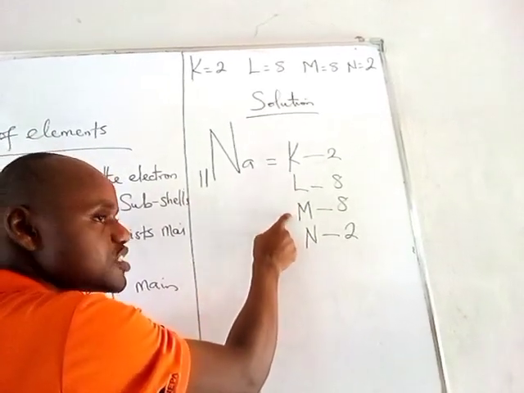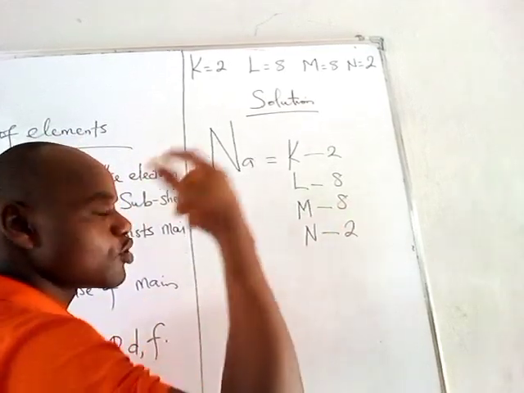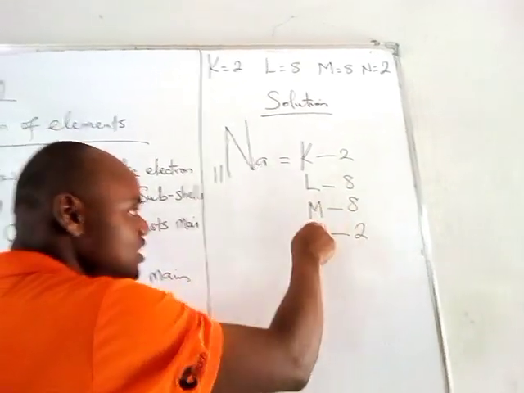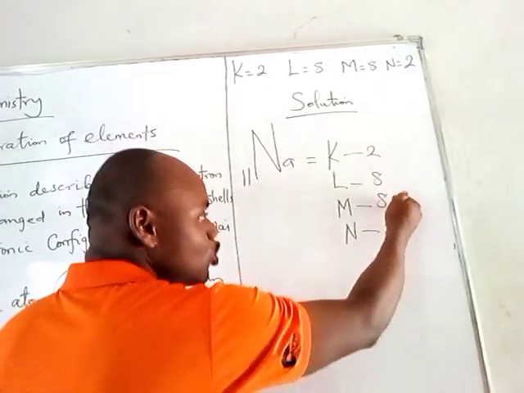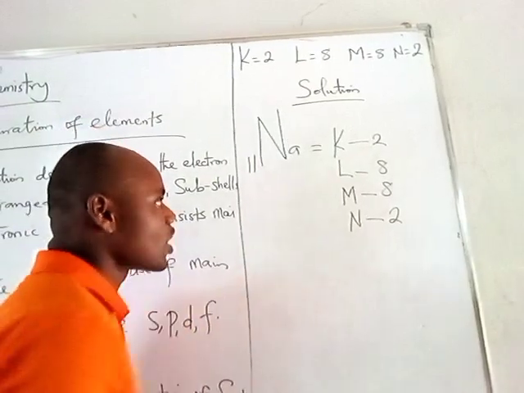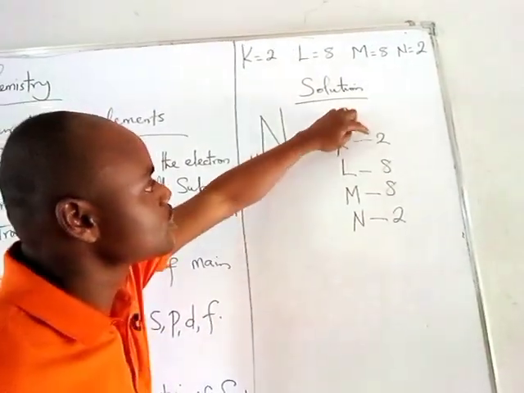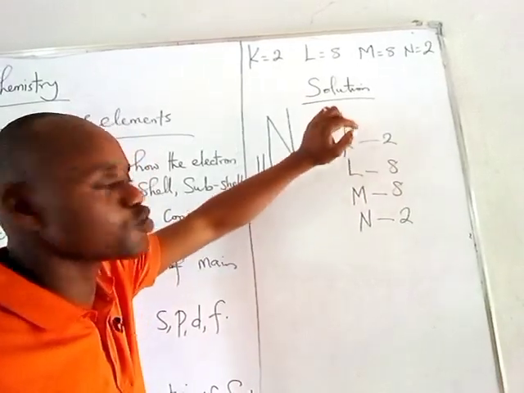But in this M shell, we are not going to make use of 8. We said the maximum number of electrons that can enter this shell is 8, so we can have any number below 8. And for this element, we need to have 11, which is 2 plus 8 is 10, plus 1. So we are picking 1 from here to make it 11.